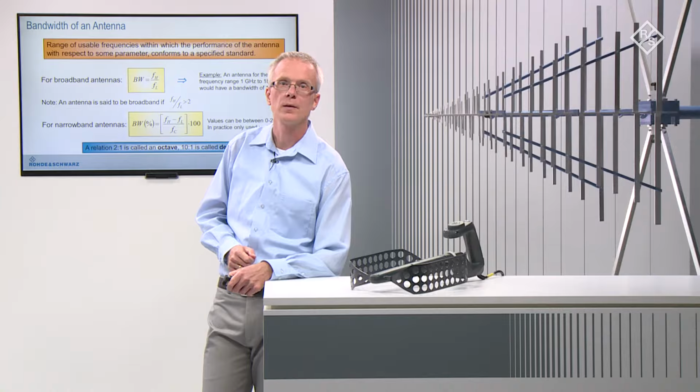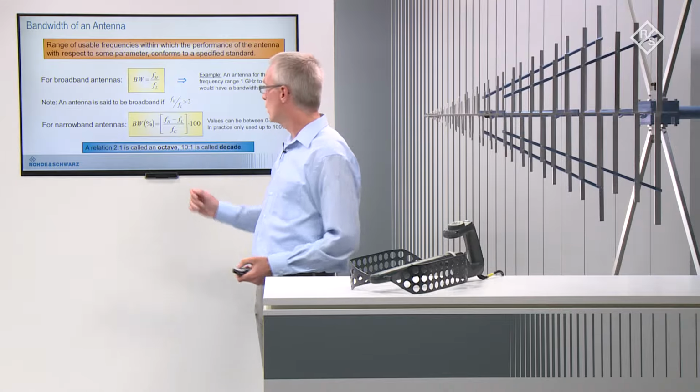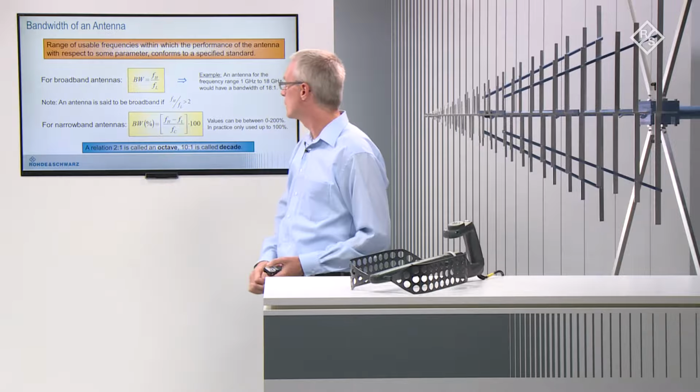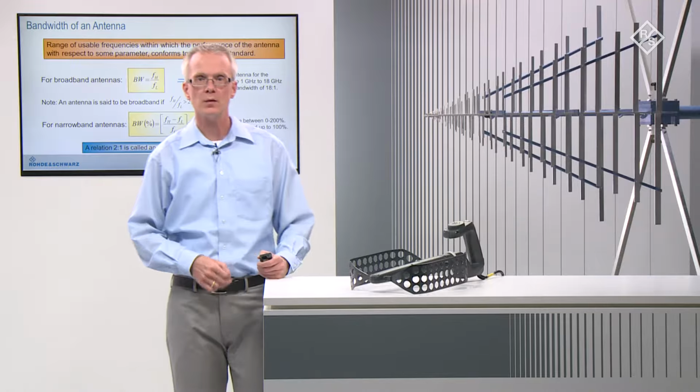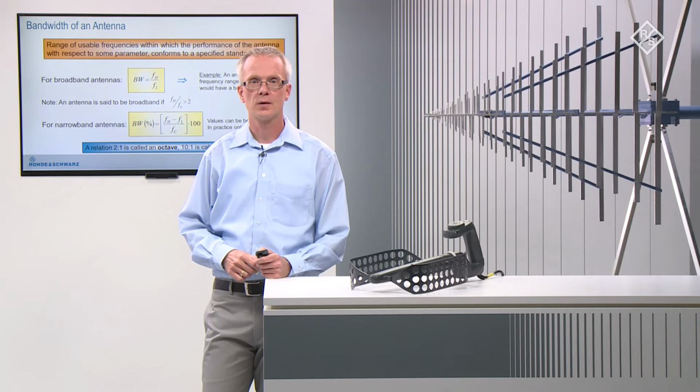However, in practice, values up to 100% are common for narrowband antennas. For broadband antennas, a ratio of 2 to 1 is called an octave, while a 10 to 1 ratio is called a decade. This concludes the second part on general antenna characteristics.